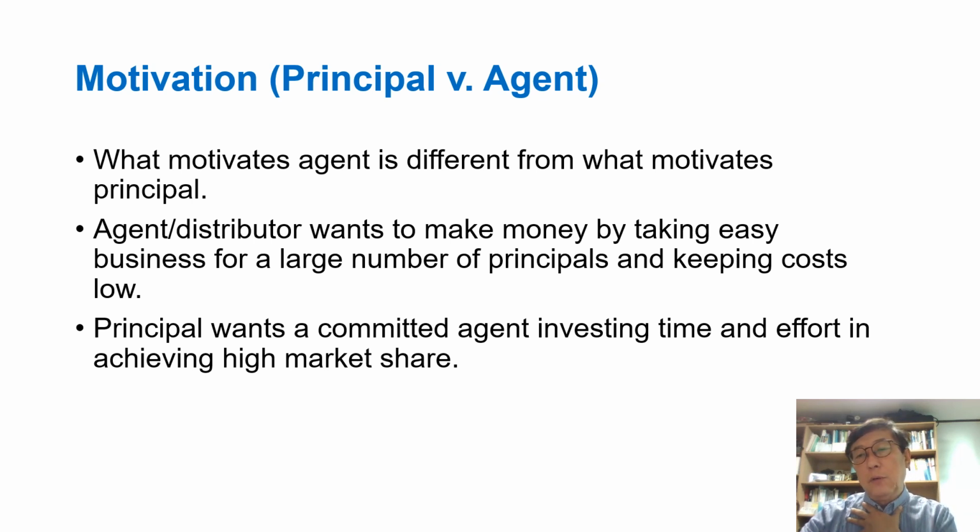You are the first to the market. Your goal may be bigger sales and bigger market share rather than the profit itself. But the agent actually needs more profit from your business. So that is the different motivation.